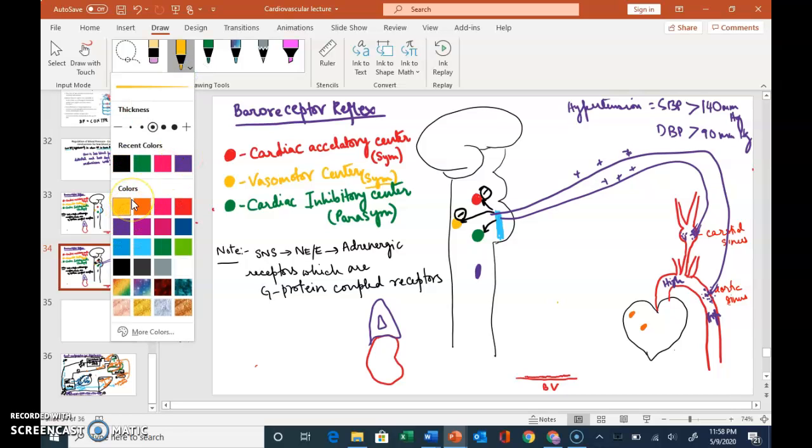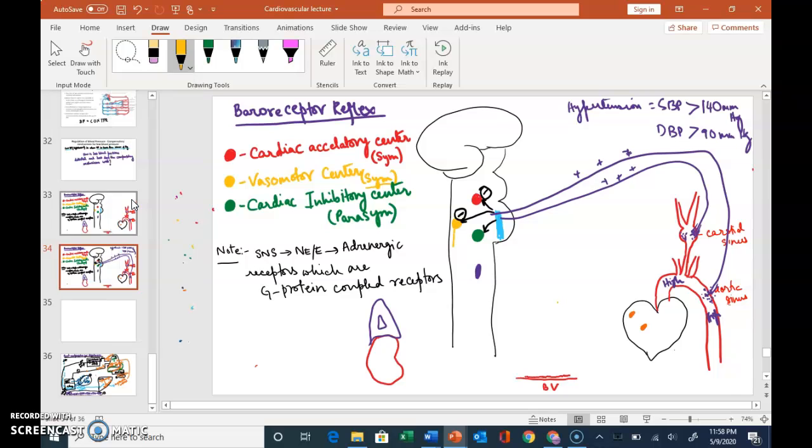Now, what will happen when the vasomotor center is inhibited? Let's take a look. First, it will inhibit blood vessel contraction. Remember when we talked about the low blood pressure reflex, we mentioned that this neuron will come to the blood vessel and release epinephrine, norepinephrine.